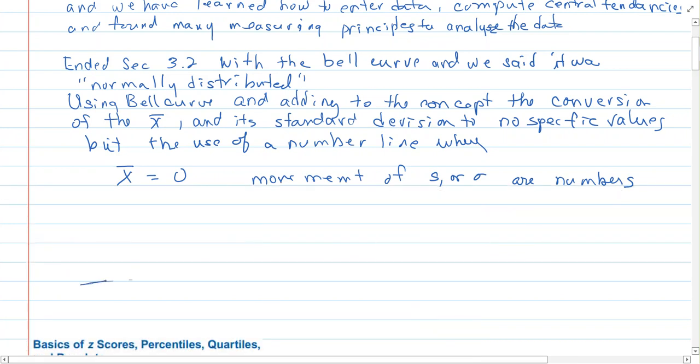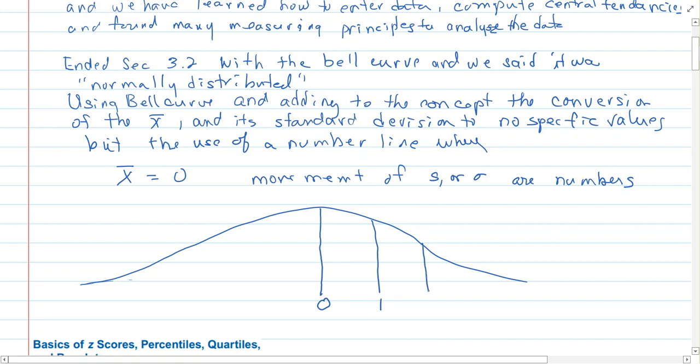What this did, kind of big, but we're going to tell you sometimes. So 0 is always X bar. And then this is 1 standard deviation above the mean. This one's 2 standard deviations above the mean, and this one is 3. So we have a number line going here that helps us locate where the data is.